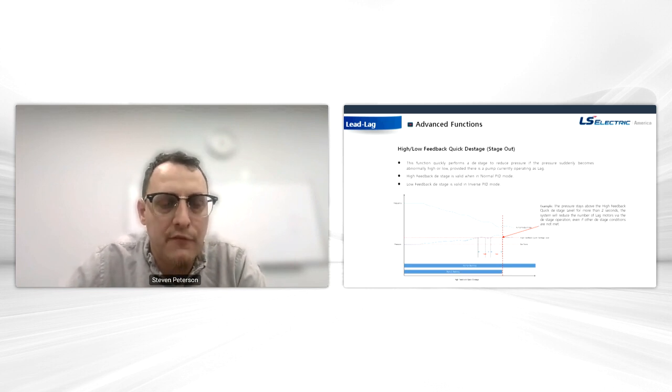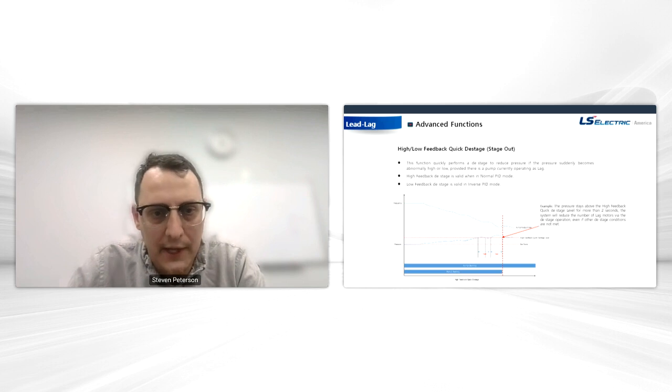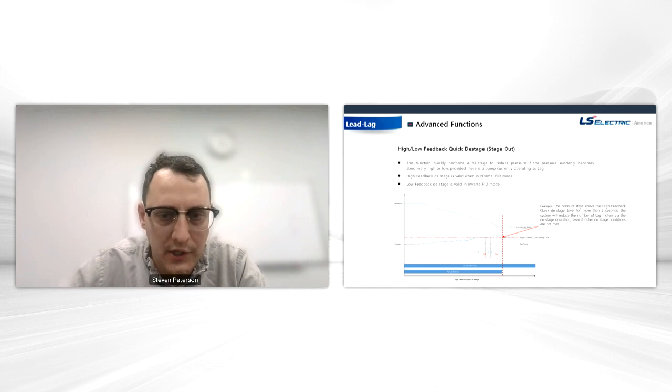So if your feedback goes low, it kicks out the lag pump. Otherwise, if you see a high feedback, like a sudden increase in pressure, in this example down here, the pressure goes above the high feedback quick destage level for just 2 seconds, so it's typically a very short time, then it's going to reduce the number of lag pumps very quickly.